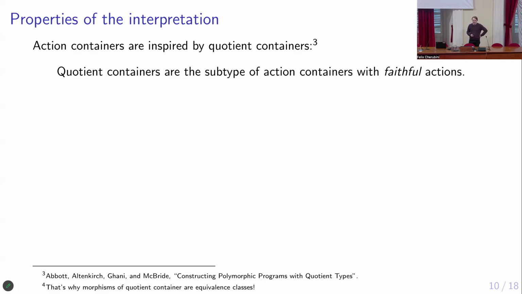And if you've heard of those quotient containers, there you have a selection of groups that you're allowed to identify as the symmetries of your positions. So it's like a subgroup of the symmetry group of your positions. And here I can just be a little more general. I can just pick an arbitrary group. But if you restrict to the groups that actually just embed into the symmetric group, then you get back your quotient containers.